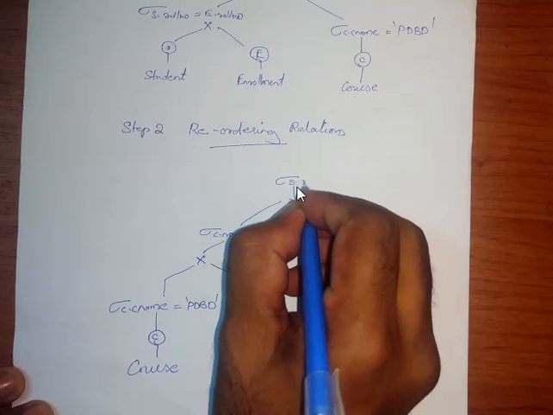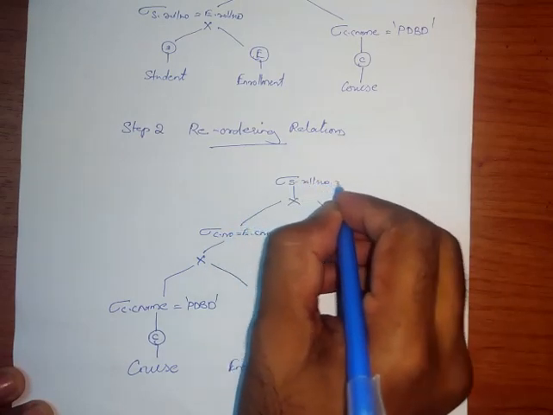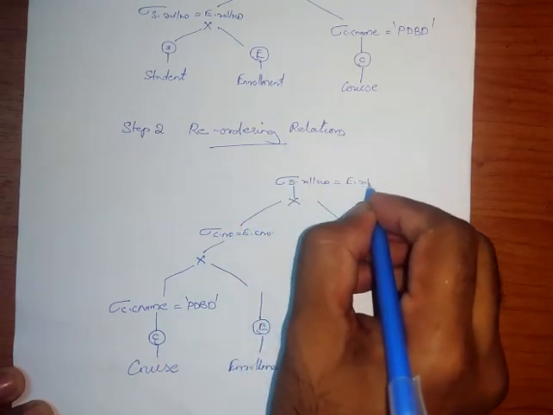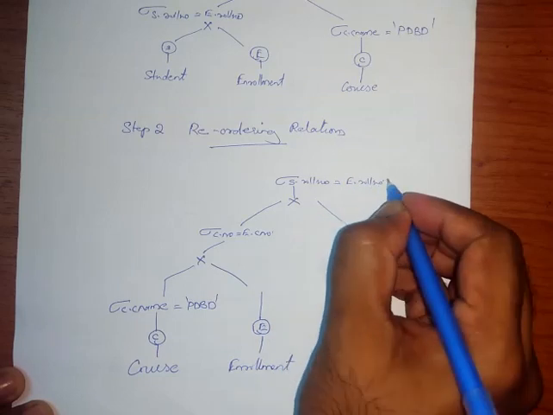We do a cross with the selection condition S dot roll number is equal to E dot roll number. So here we are selecting only the list of students who are enrolled in the enrollment table.